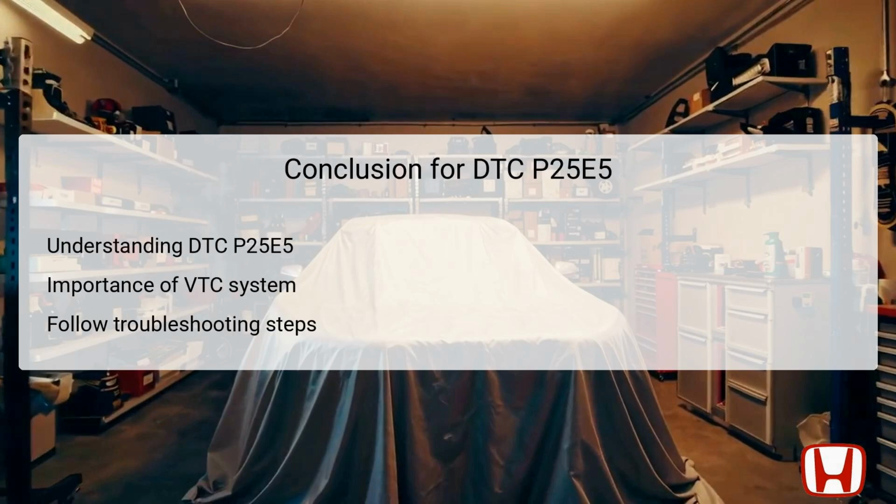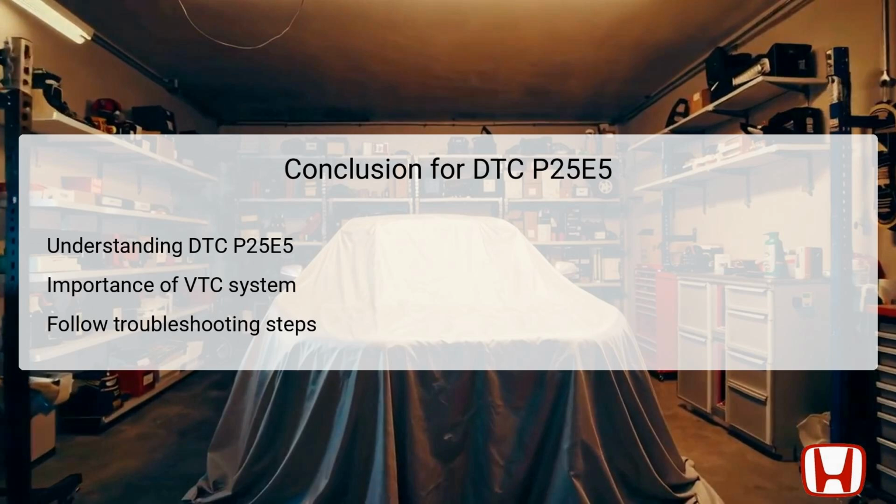In conclusion, DTC P25E5 is a critical indicator of a malfunction within the variable valve timing control B system of the Honda CR-V. Understanding the role of the VTC system is essential. It significantly impacts engine performance and overall vehicle efficiency. By following the structured troubleshooting steps outlined, technicians can accurately diagnose and address underlying issues promptly.